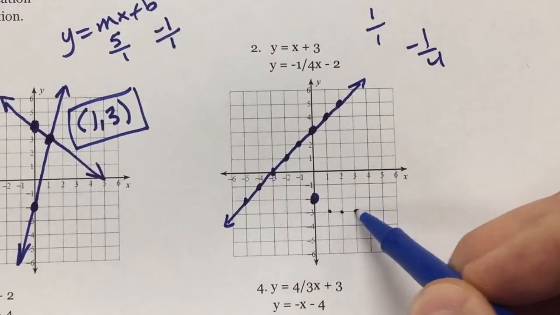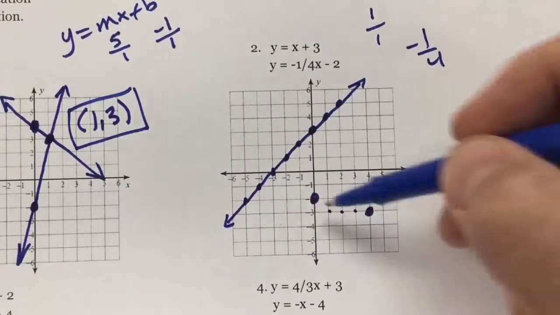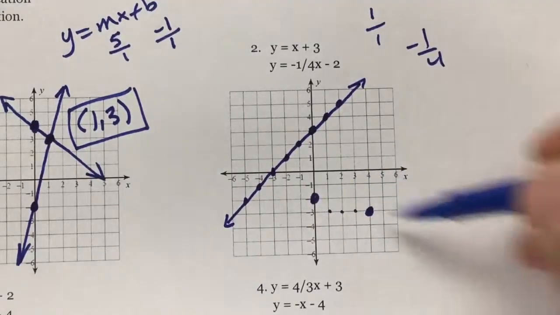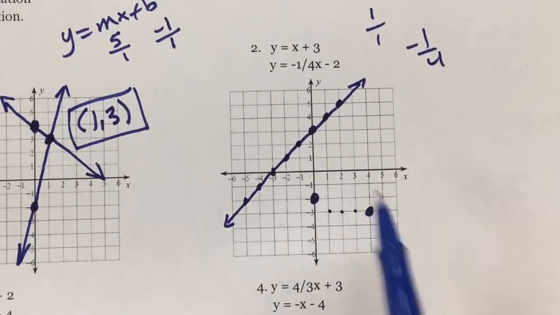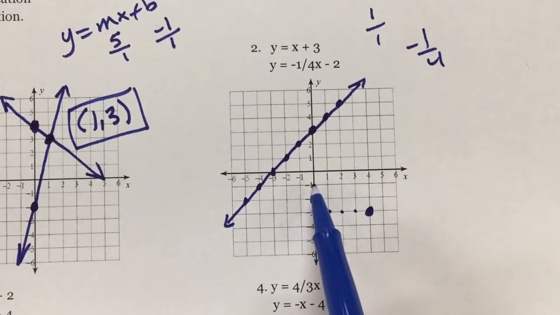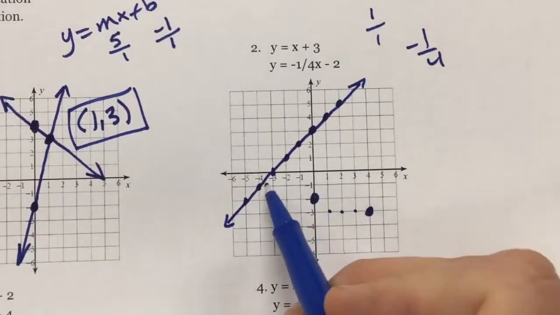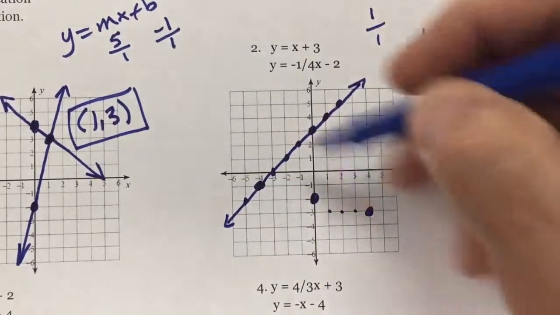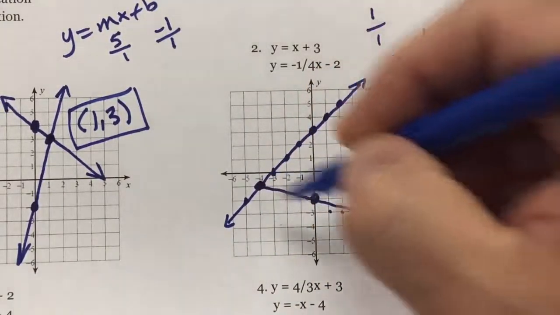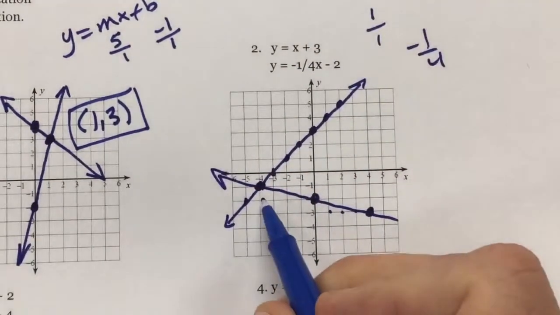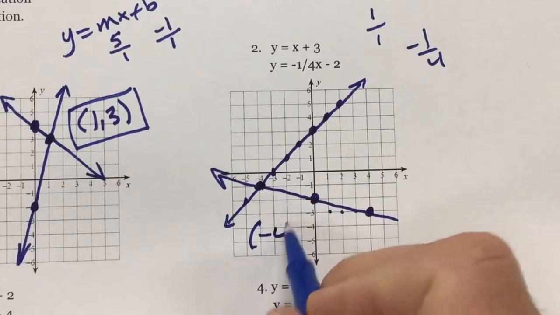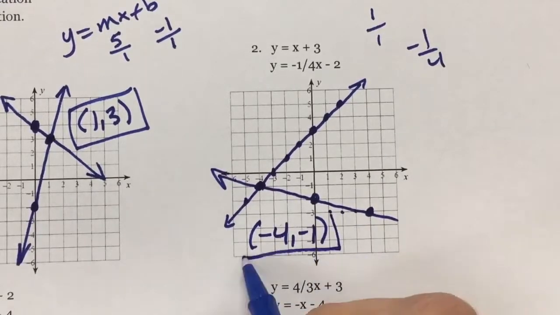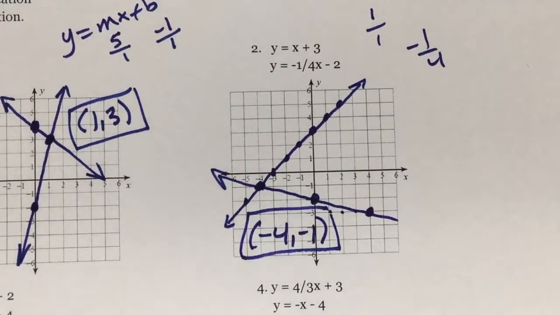Down 1, right 4. Now you notice that's not going in the correct direction to cross with this line. So instead of going down 1 over 4, it's also okay to go up 1, back 4. Just continuing the pattern. And if you did it right, all 3 points should line up. There's the point where they cross at -4, -1. So that is the solution to the system. We always write the solution to a system as a point.